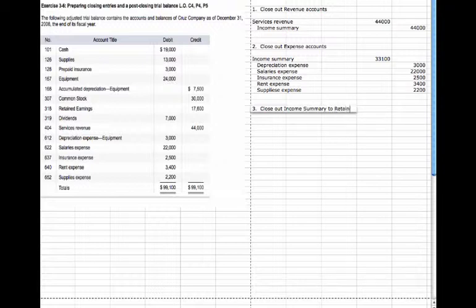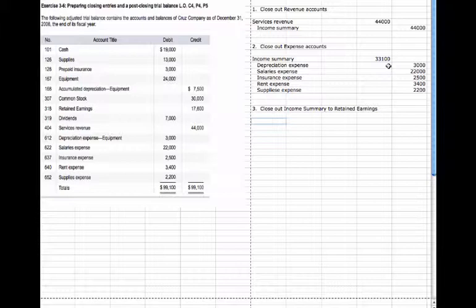To retained earnings. So if I've got 44,000 credit and I have 33,100 debit, the difference between the two is going to be a credit entry. So in order to get rid of the credit entry, I'm going to have to do a debit.